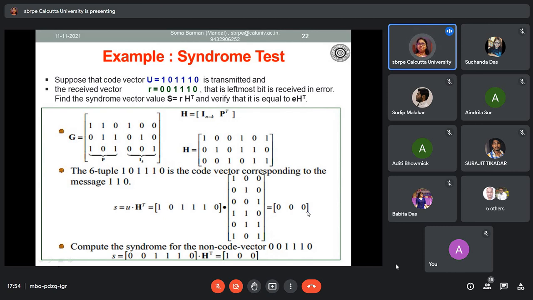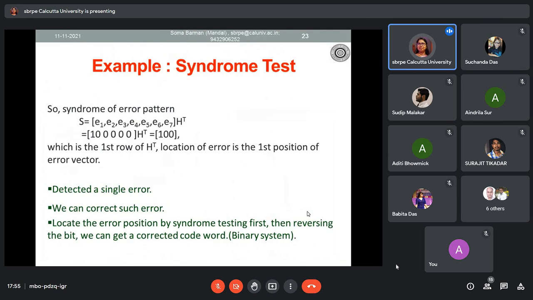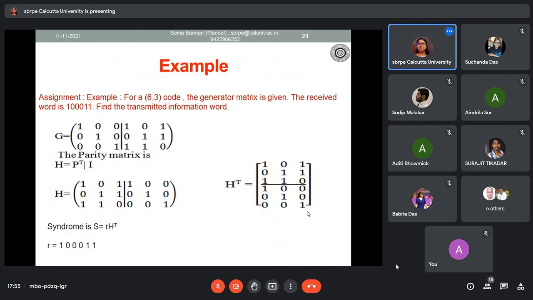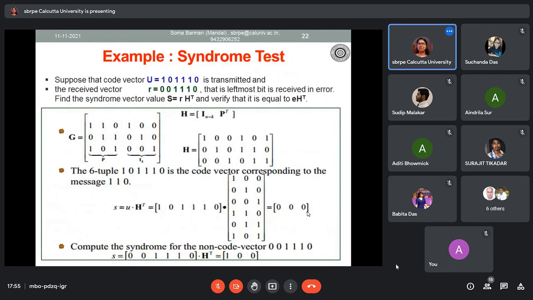Now how to correct the error? You have to locate the error, or find out the position of the error. How can we find out the position of the error? Very simple. One thing is very important here.